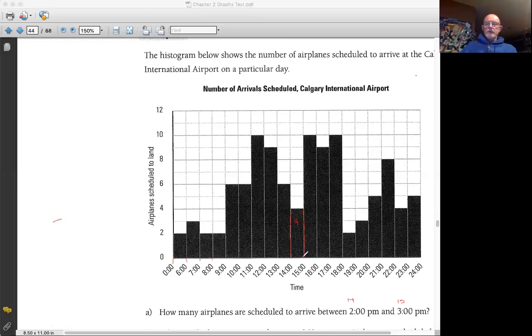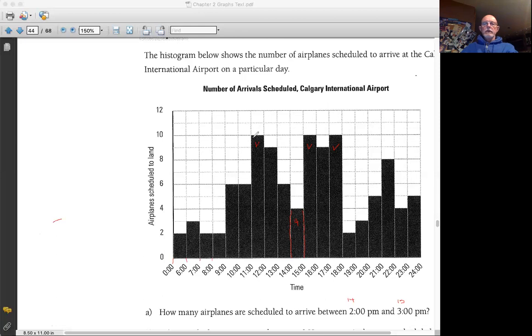Now, what times are the busiest at the airports? Well, that's pretty easy because this one here, and this one here, all have 10 planes arriving within an hour's time.